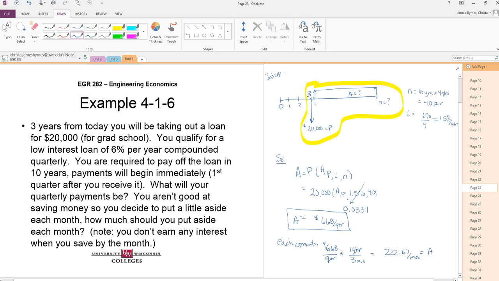That would be my A. Now notice I didn't use interest rate because I'm not putting it anywhere where I could earn interest. I'm just saying I need to set it aside. I'm going to take this cash and put 222 in a can so that at the end of 3 months I've got my money and I pay the bank, because we're not earning interest. So when you're not earning interest, you just divide by the number of periods.